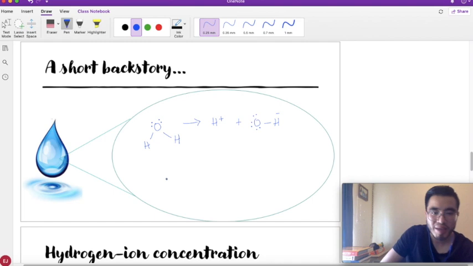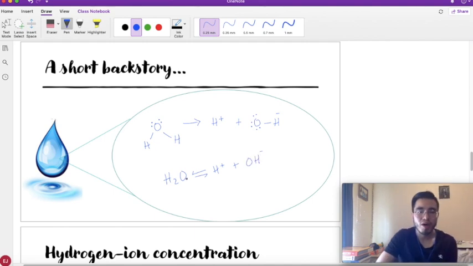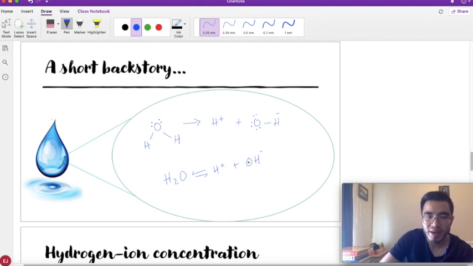If we wrote it as a chemical reaction, we would have H2O, H+ plus OH-. So water dissociates into hydrogen ion and hydroxide ion. These arrows, they just indicate that this process happens back and forth very quickly.